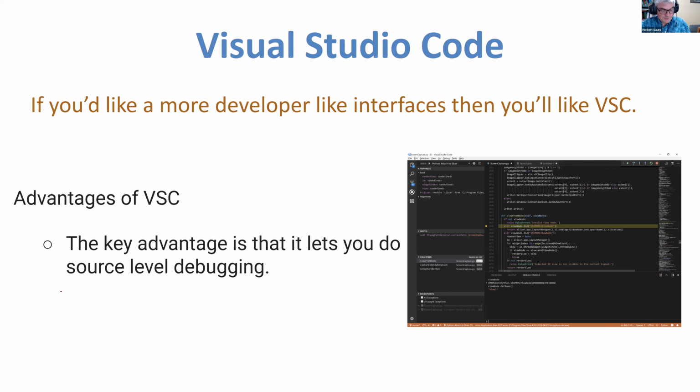So you can use it to program in C, C++, Java, Rust, Julia, and of course Python. One of the great advantages, unlike Spider, is it does source level debugging. So if you ever write very large programs in Python, this is a great option for you.